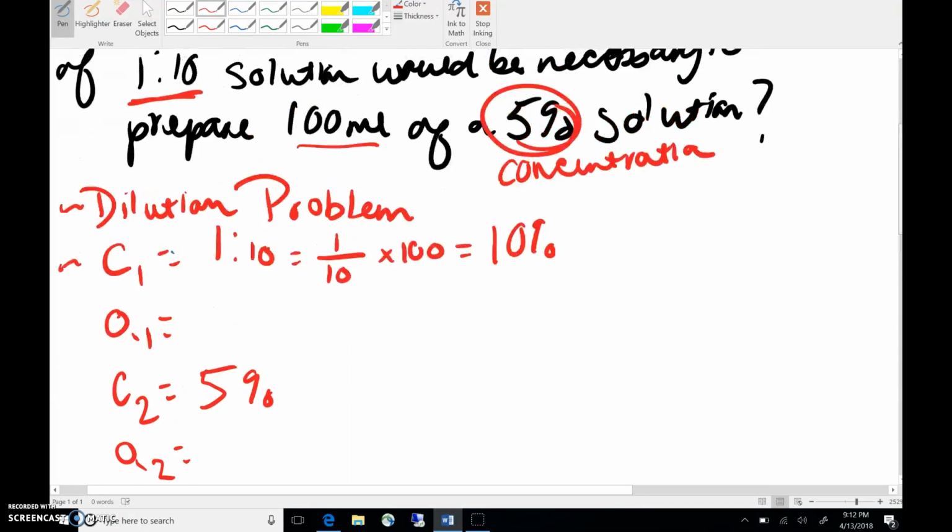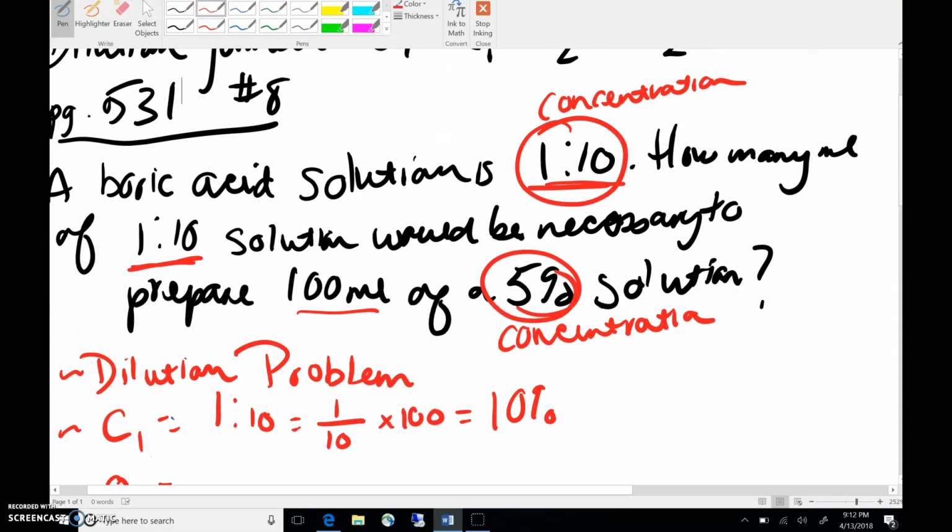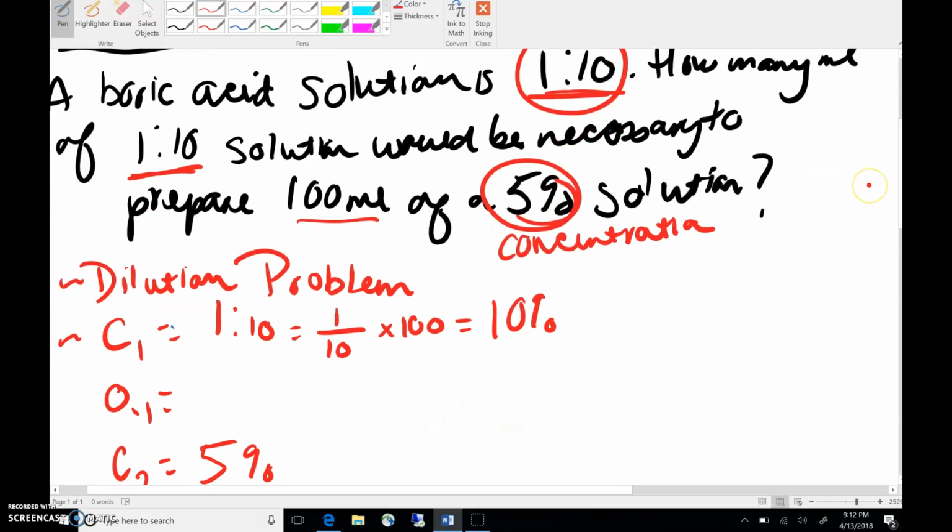Your Q1 is the stock quantity. How much of the 10%, this 1 to 10, is needed to make 100 milliliters of a 5%? You don't know, so this is what you're looking for.